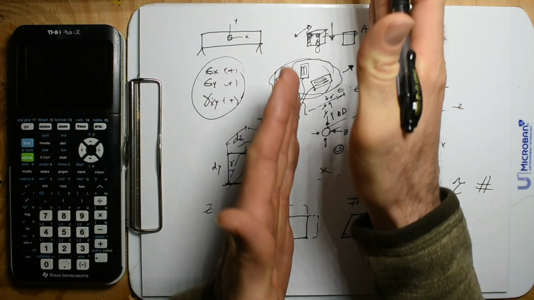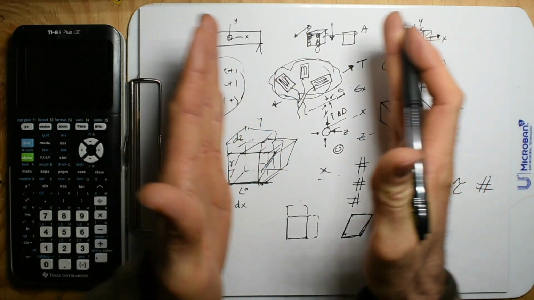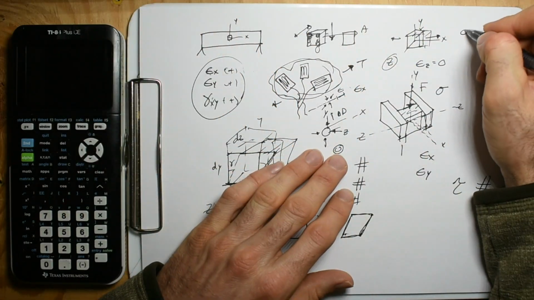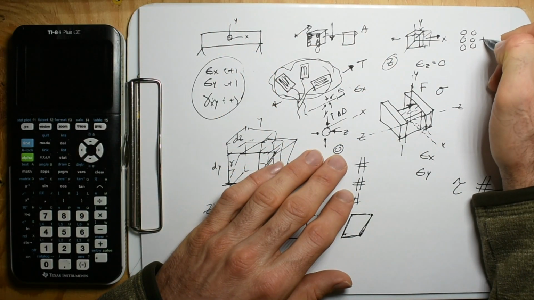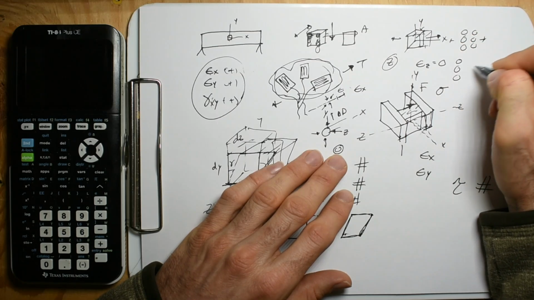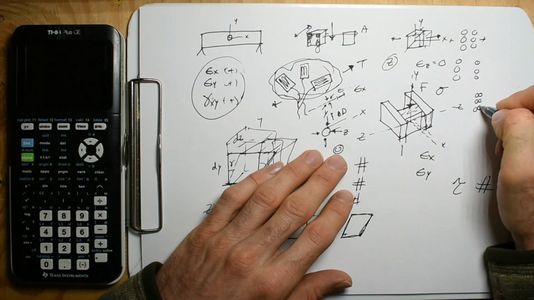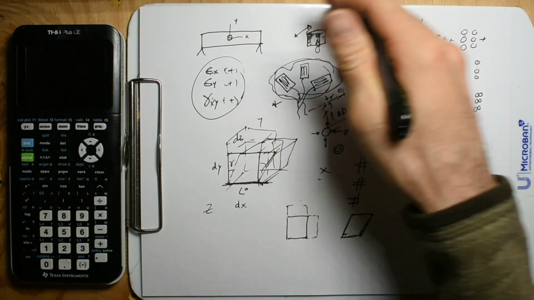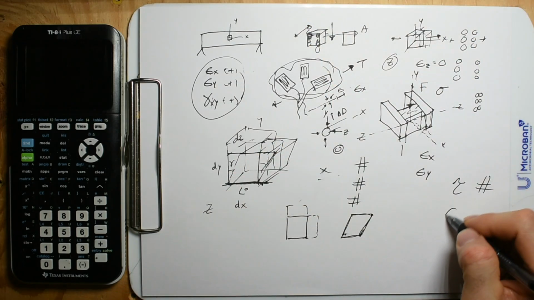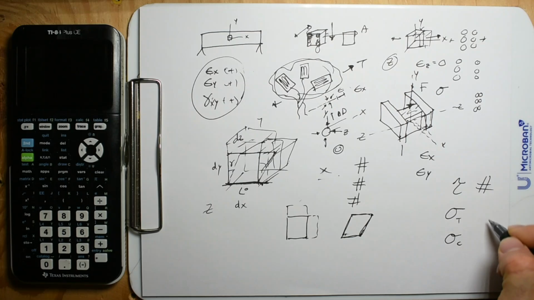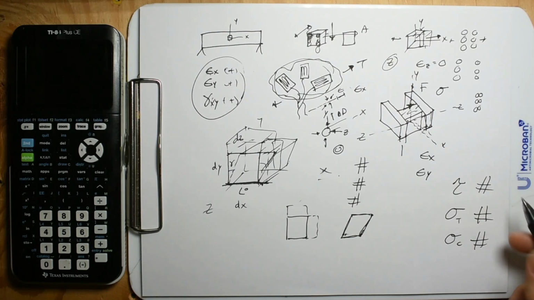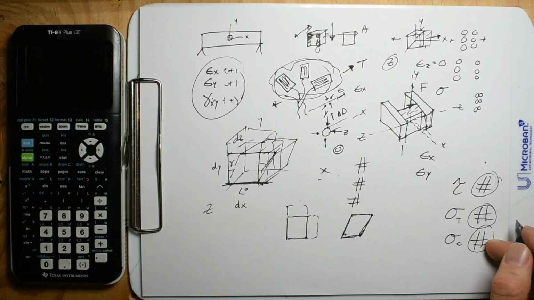Where compression and tension is more obvious: if this is in tension, these molecules are just going to get farther apart. If it's in compression, those molecules are just going to get closer together. So tension, compression, and shear are the three things, and we can only have a certain number before those materials will fail.